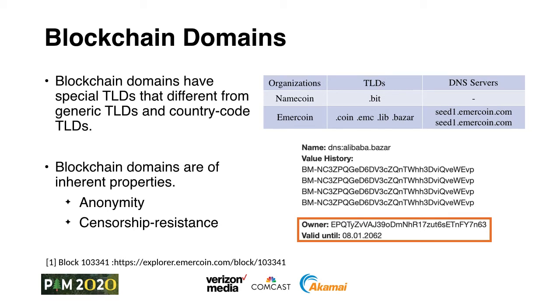You can see it in the right figure. The owner of Alibaba.bazar is only a hash string. For ordinary domains we use daily, you can get a lot of information about the owners of the domain using the whois service. So it's hard to track blockchain domains.